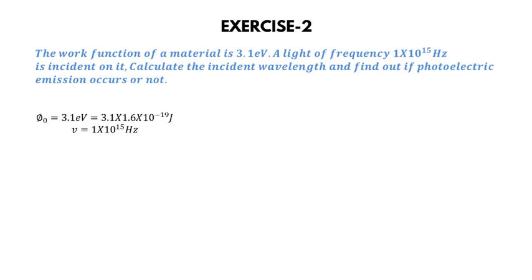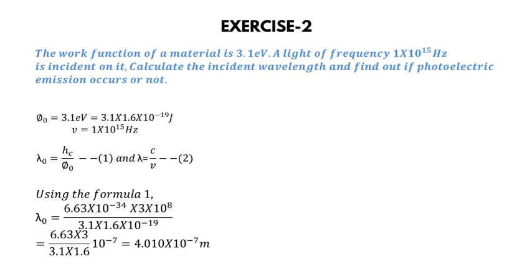Phi naught equals 3.1 electron volt, which is equal to 3.1 into 1.6 into 10 to the power minus 19 joules. Nu equals 10 to the power 15 Hz. Lambda naught, the threshold wavelength, equals hc by phi naught, and lambda equals c by nu, where c is the velocity of light and nu is the frequency.